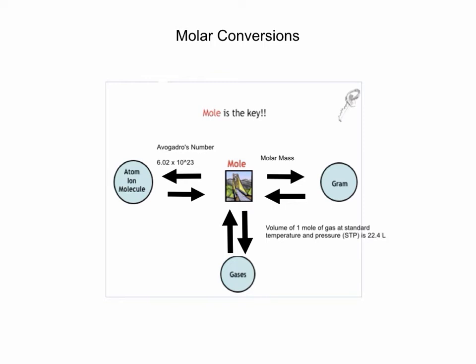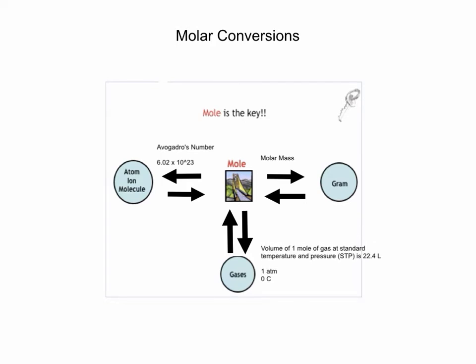So the volume of 1 mole of gas at standard temperature and pressure is 22.4 liters. We're going to assume usually that we are at STP, and STP is 1 atmosphere and 0 degrees Celsius.